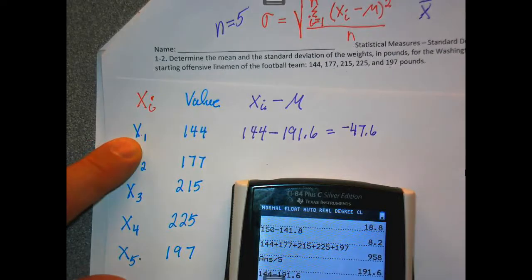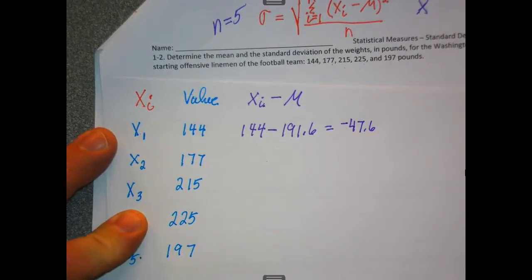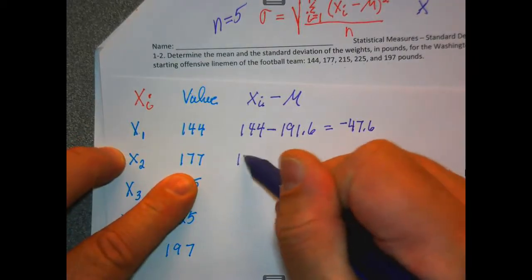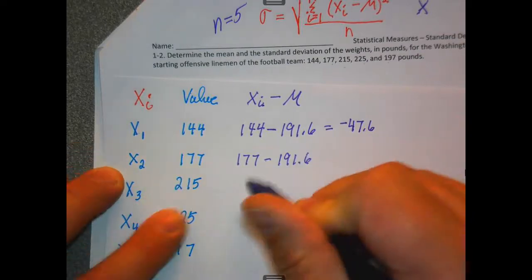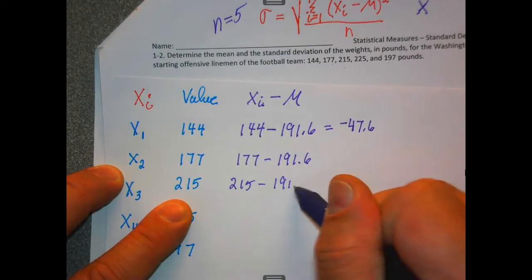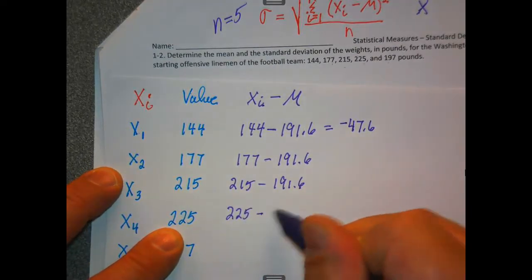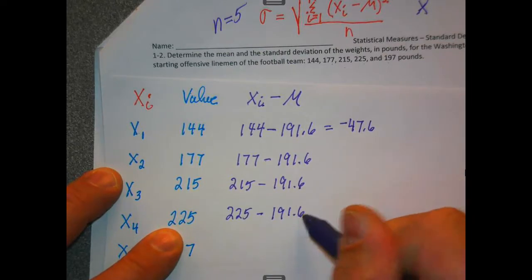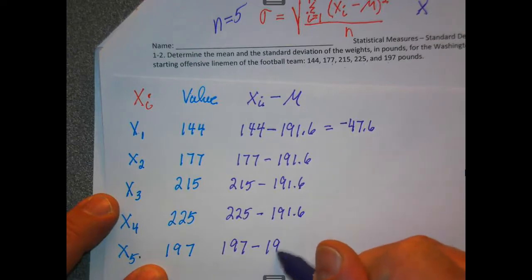So we're going to do that for each x. This is when i equals 1. This is i equals 2. i equals 3. The values for those: 177 minus 191.6, 215 minus 191.6, 225 minus 191.6, 197 minus 191.6.